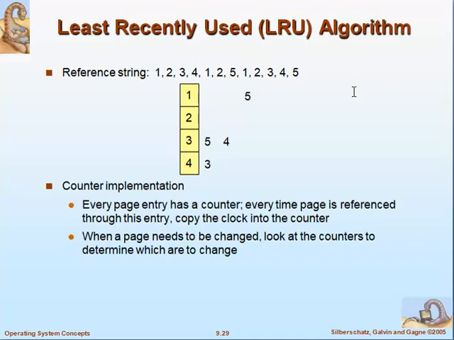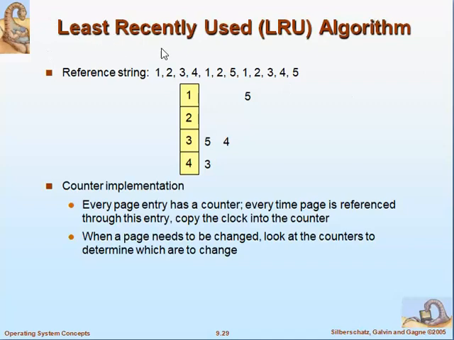Means what? If a particular page is requested recently, we are not going to replace that. Let's say a page was requested long back and it is not requested again, that is the candidate for the page replacement.